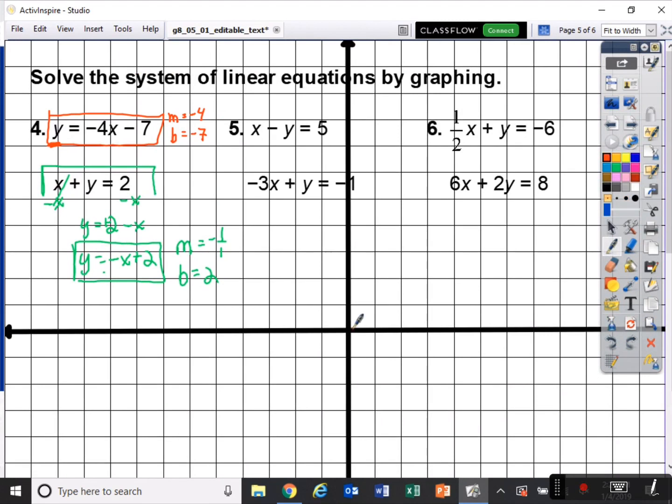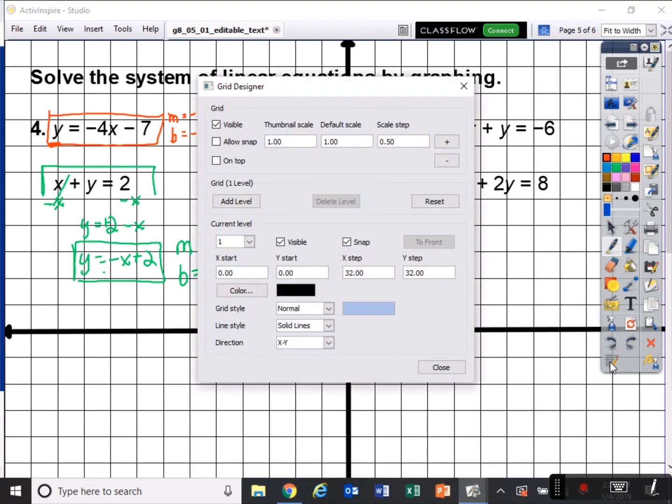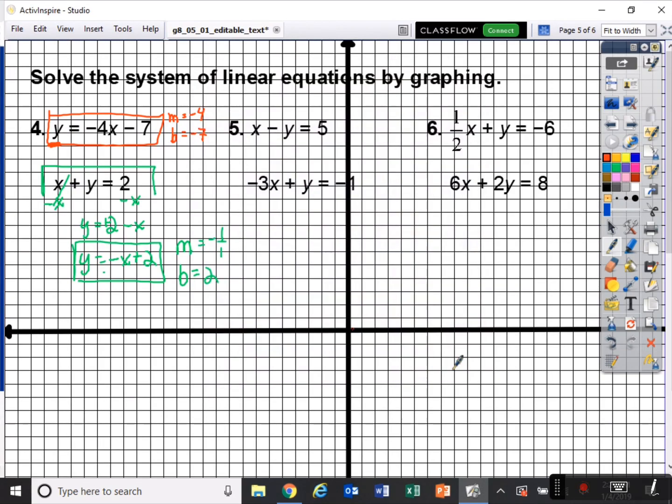I have to make my graph smaller. Okay, so y-intercept's negative 7, so I go down 2, 3, 4, 5, 6, 7. And the slope's negative 4. Remember, that's negative 4 over 1, right? So it'd go down 1, 2, 3, 4 over 1. We go back to the y-intercept and go up 1, 2, 3, 4 over 1.